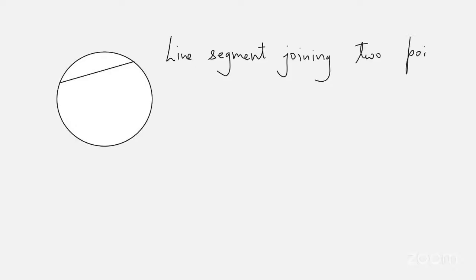The definition: line segment joining 2 points on a circle is called the chord of the circle.